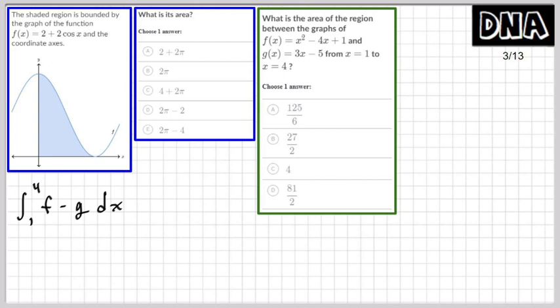So it doesn't matter which one you subtract. So I have the integral from 1 to 4 of x squared minus 4x plus 1, and then I'm going to subtract from that 3x minus 5 dx. And so you would simplify this first, then do your antiderivative, then plug in all this stuff, and you don't have to do it twice. So we did it twice. We found the area of each, then subtracted, or you can subtract the functions inside the integral and then integrate.